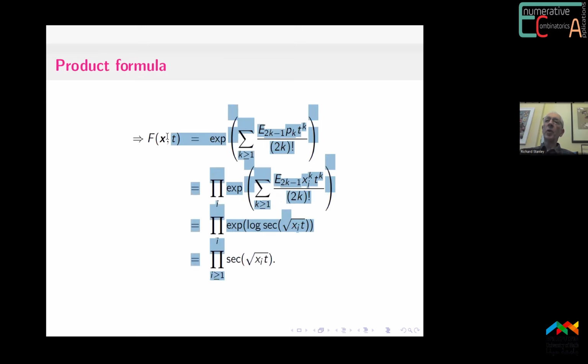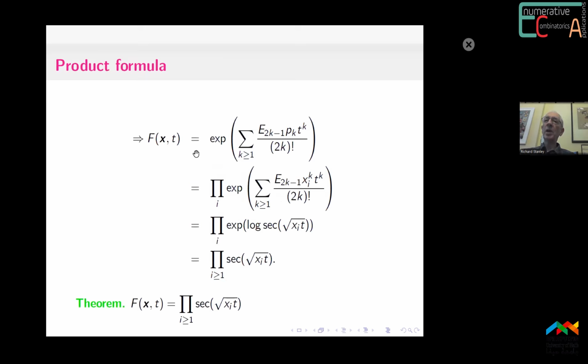So our formula for f of x, t, which was this exponential, you write p_k as a sum of x_i to the k, and then interchange the order of summation. So the exponential of a sum is a product of the exponentials, so we're getting a product over i of the sum of E_{2k-1} x_i^k t^k over (2k) factorial.